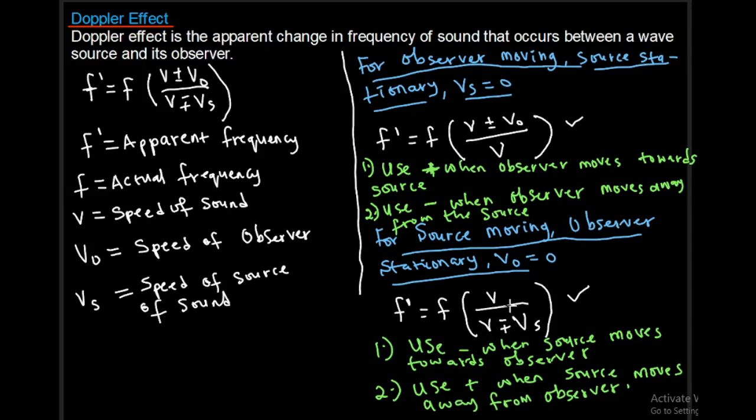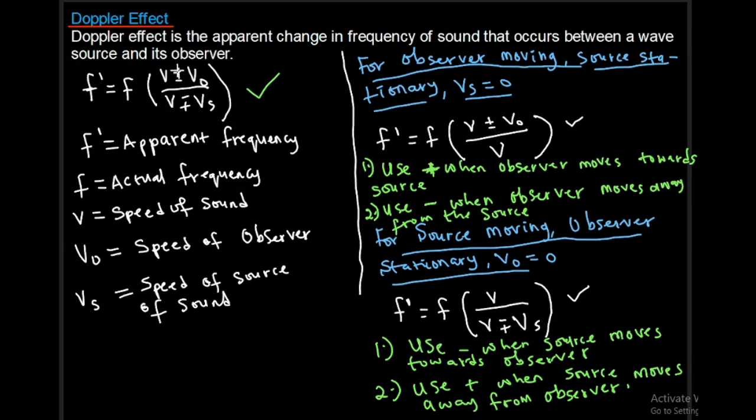Now, just like we have observer moving, source stationary, and source moving, observer stationary, we can also have cases where both the observer and the source are moving. That's where this equation becomes handy. So when do we use plus and when do we use minus? The same thing applies. Observer moving towards source, you use plus.